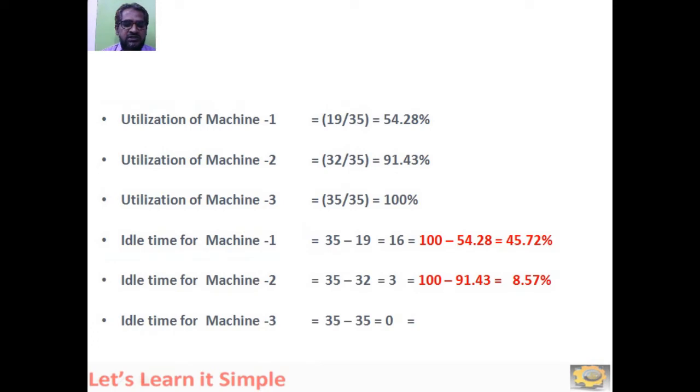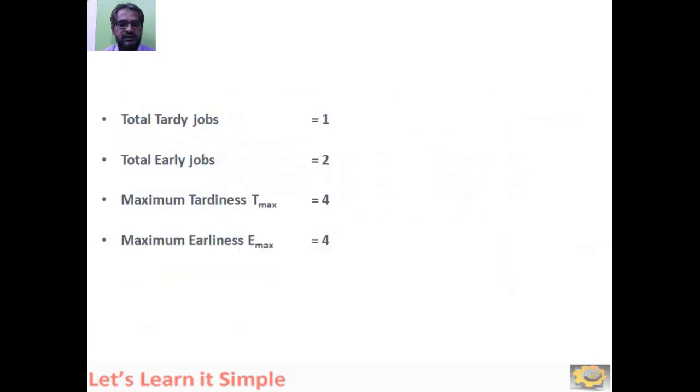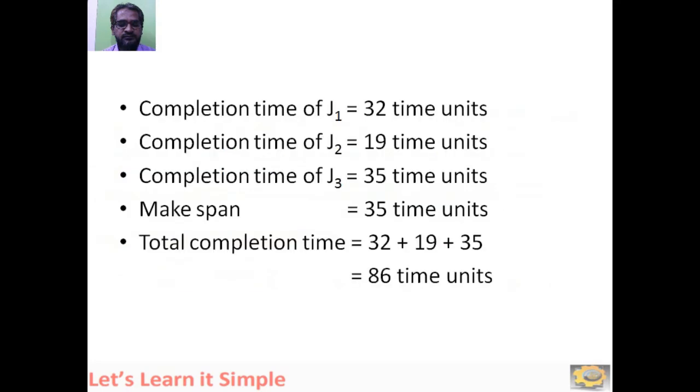So, using the Gantt chart, we can also calculate the utilization as well as the idleness of machines 1, 2, 3. Now, let us go back to the Gantt chart again.